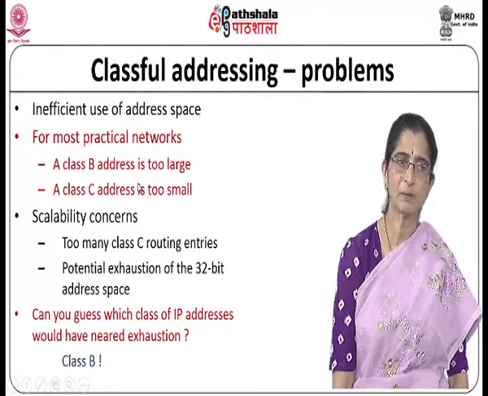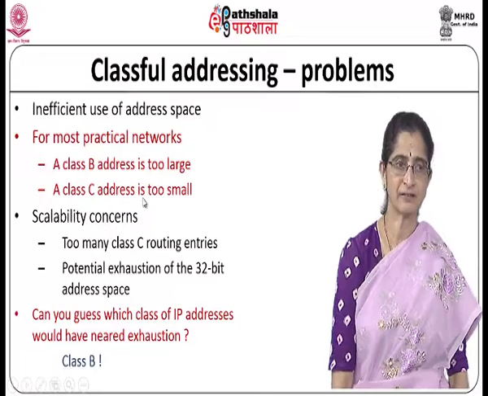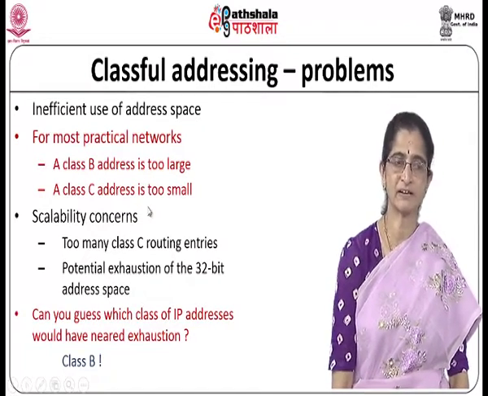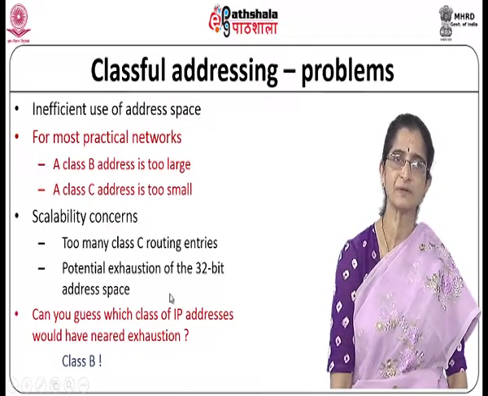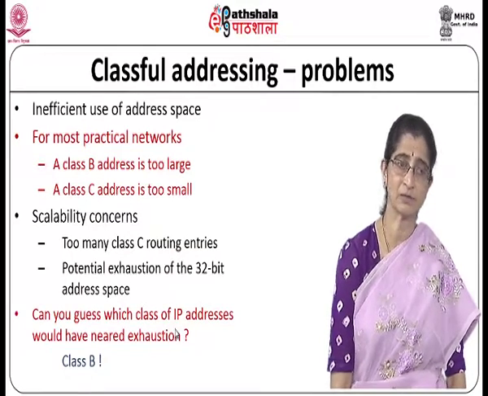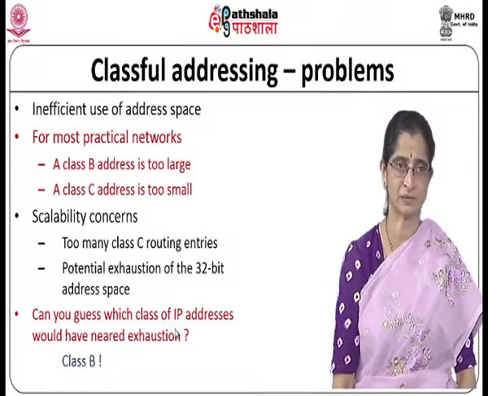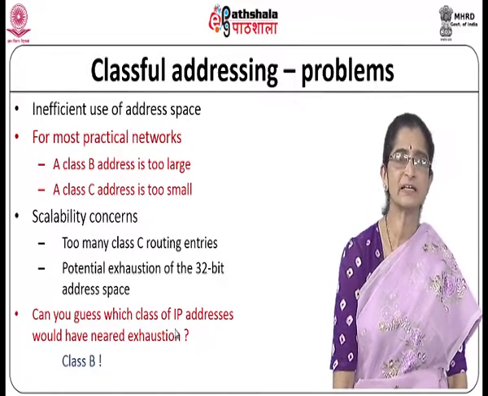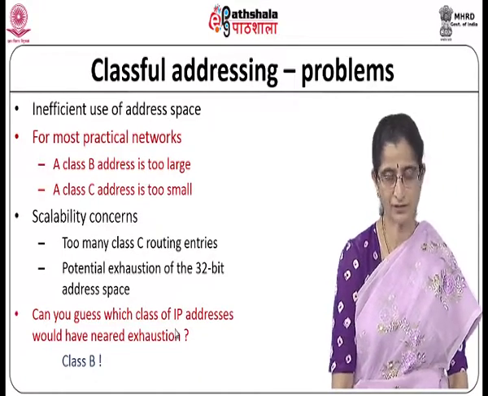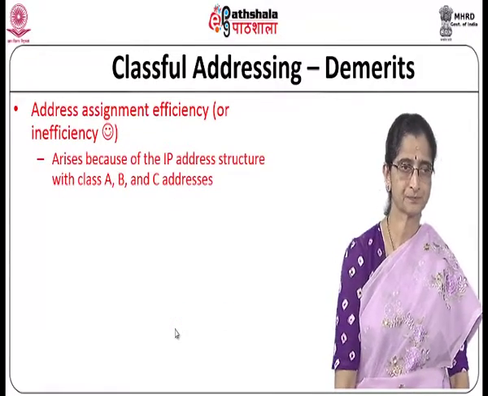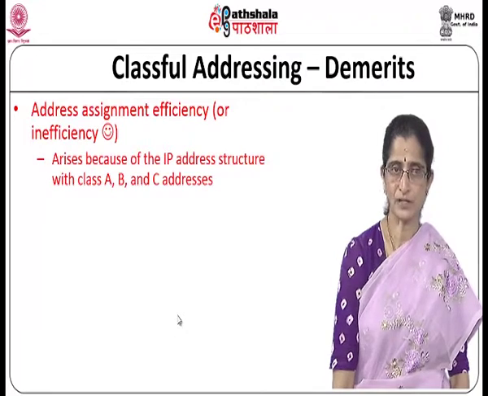Most people will pick only a class B address, again and again, and therefore you come to the problem of exhaustion of all the class B addresses. Remember, we have only 2 power 16 different class B addresses, so they get exhausted quite quickly. This is a problem the internet has run into over the years, and solutions have been proposed for it. That is what we need to look at.